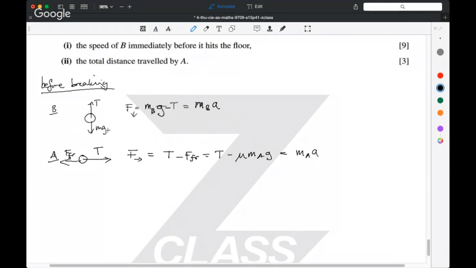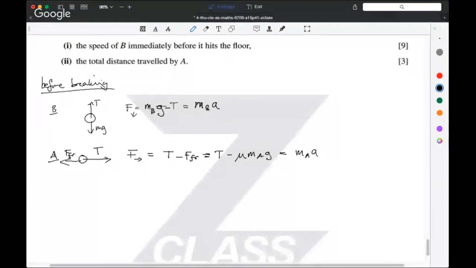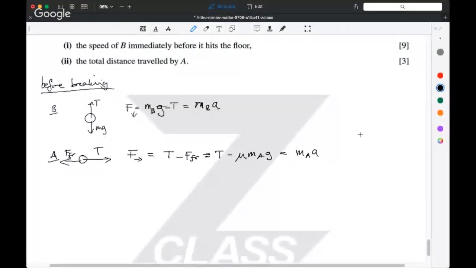So the key thing to remember is that the acceleration here is the same in both, and so is the tension, because it's a light, inextensible string. It can't have different tensions, different stretch, or become loose. Essentially, think of it as a flexible rod.